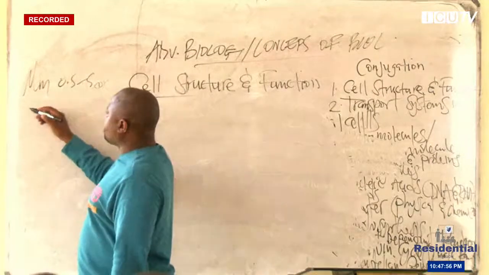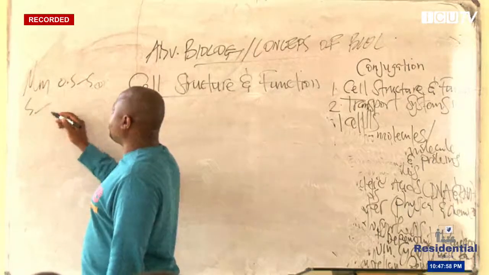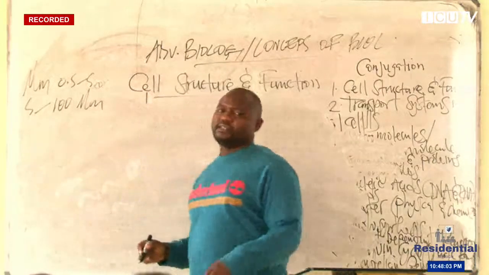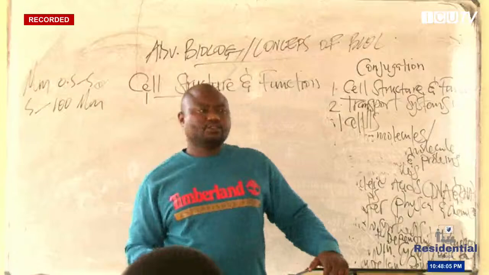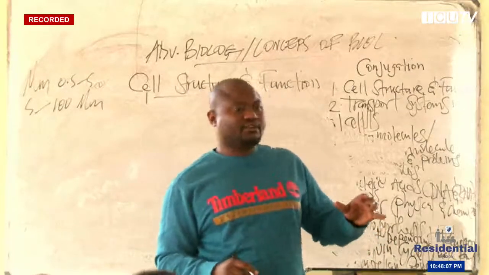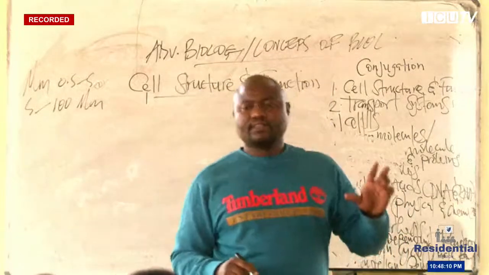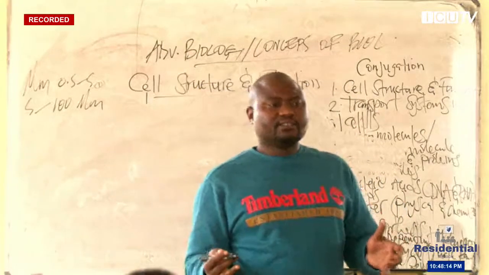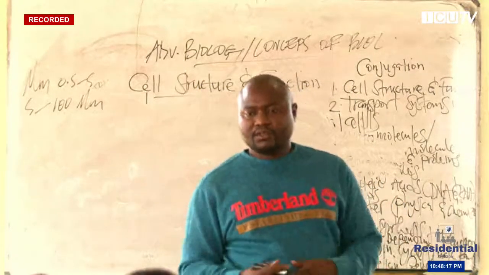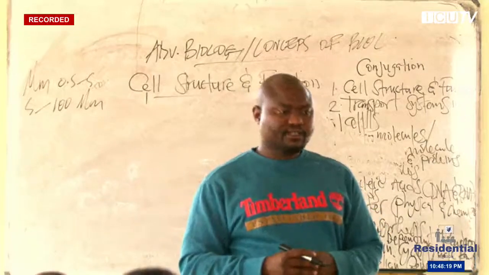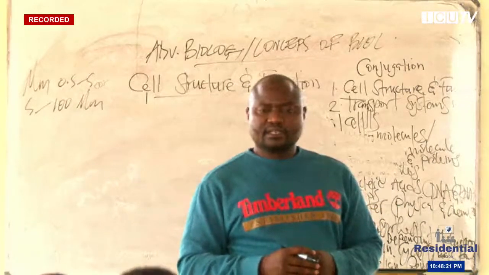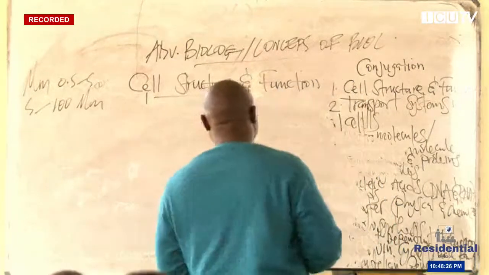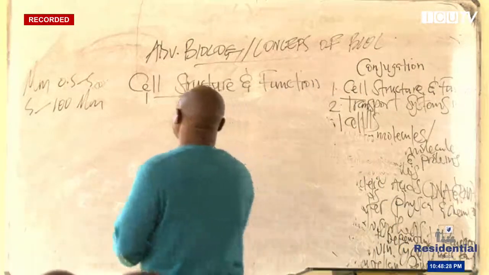The eukaryotic cells range from 5 to 100 micrometers altogether. That is the cell size. So even in terms of size, you find that eukaryotic cells are larger than prokaryotic cells. In terms of complexity, because it's larger, it definitely has more organelles than a prokaryotic cell has.